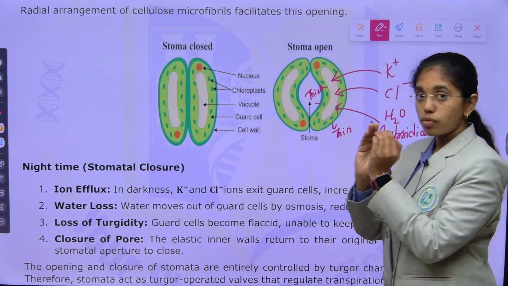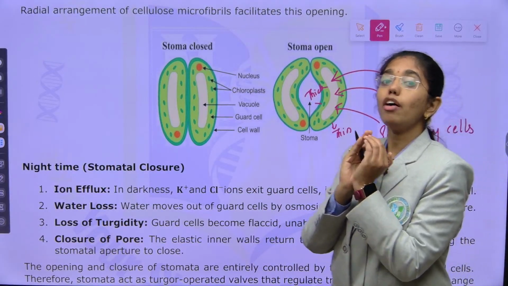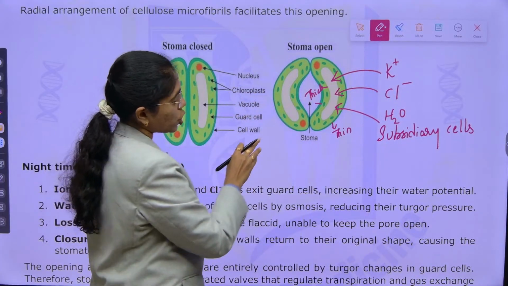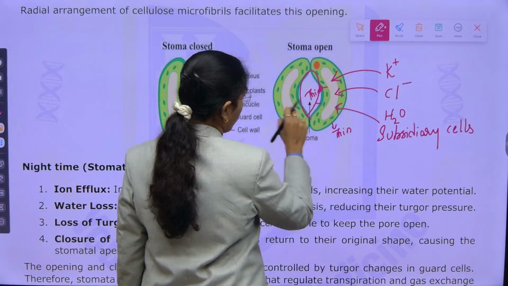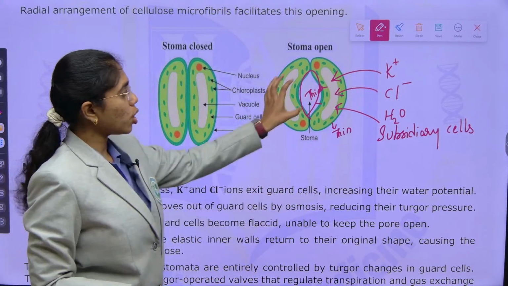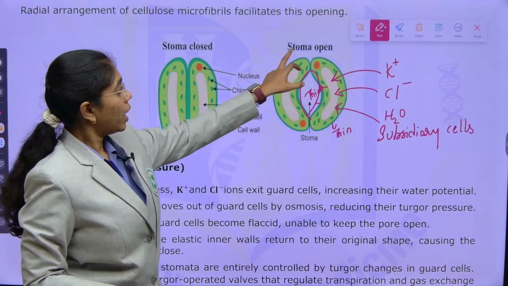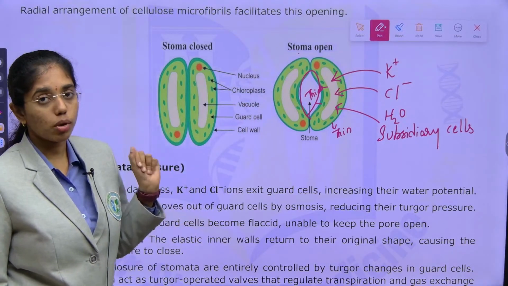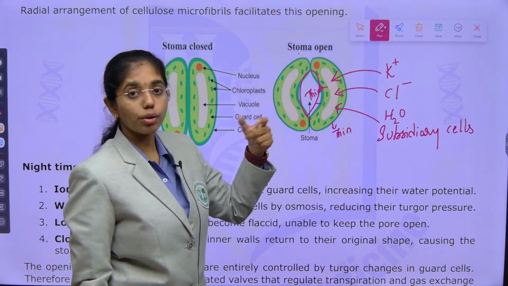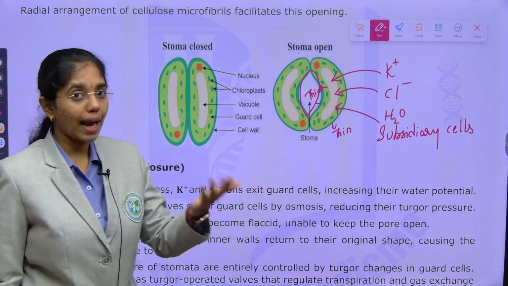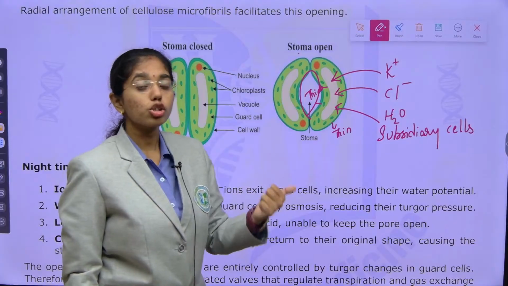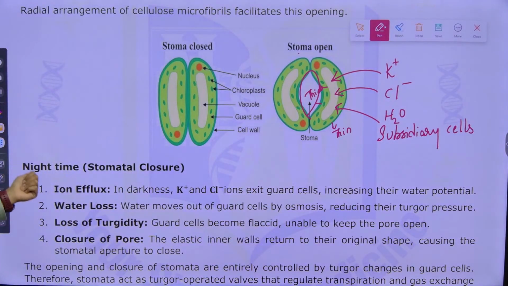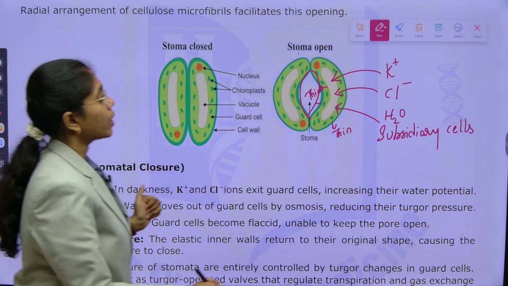Fine, right? This will help in the opening of the stomatal pore or aperture. This is how stomatal opening is taking place. If it is opening during daytime, it is addressed as photoactive stomata. If stomatal opening is during night time, that you will see in CAM plants, that is addressed as scotoactive stomata. Here we go with nighttime stomatal closure. Fine, right?